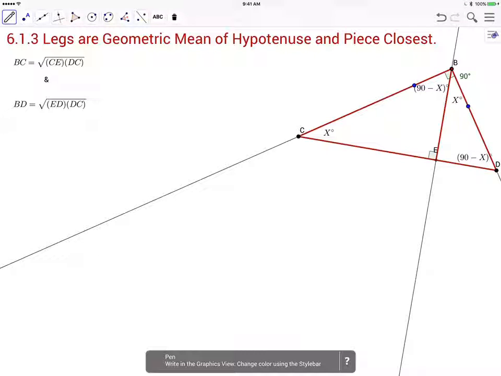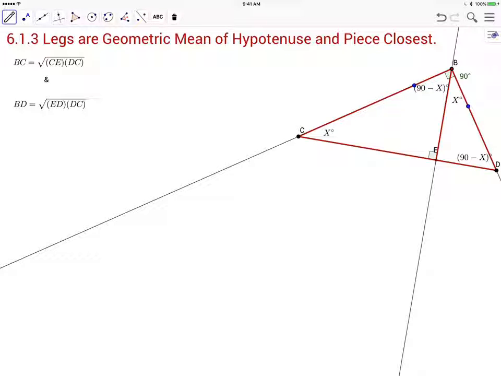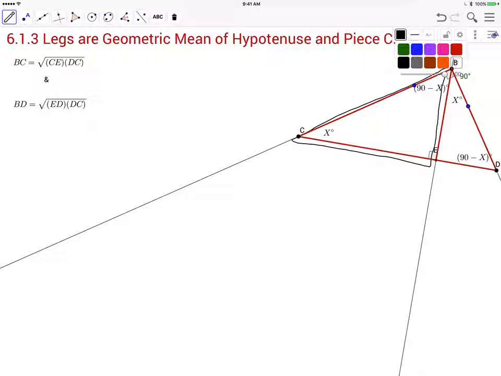Okay, so let's establish the fact that the medium triangle over here will be similar to the large red triangle. We can see that they share angle x, they both have right angles, and they both share 90 minus x. So this 90 minus x is here, and it's way down here.